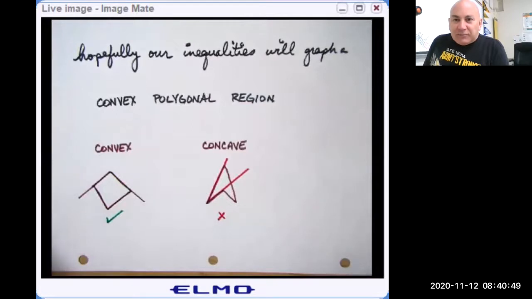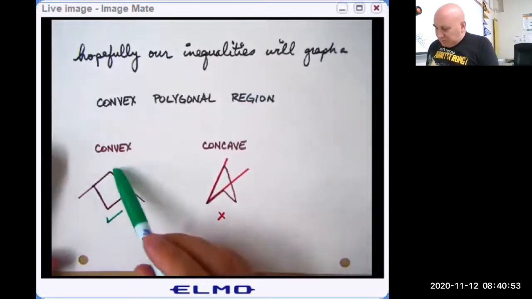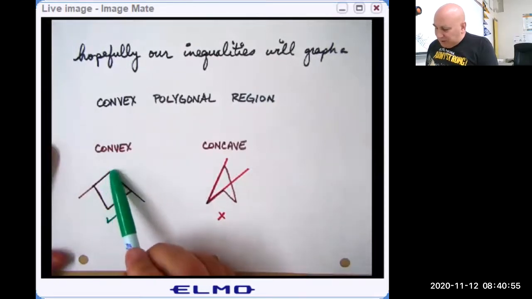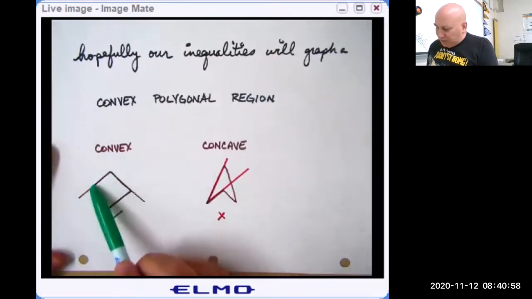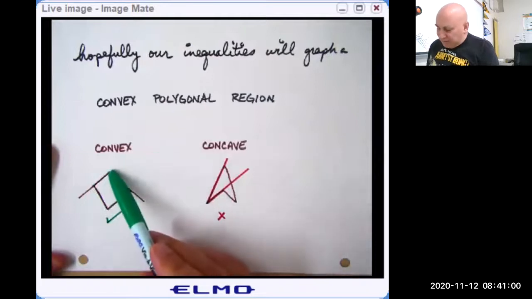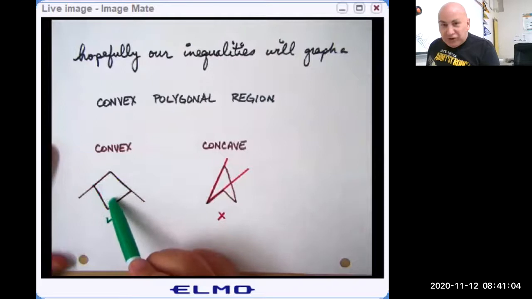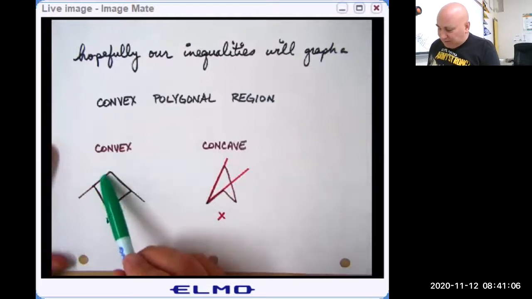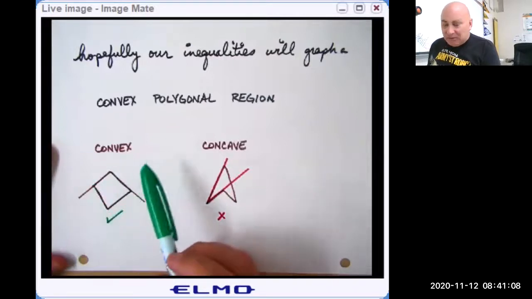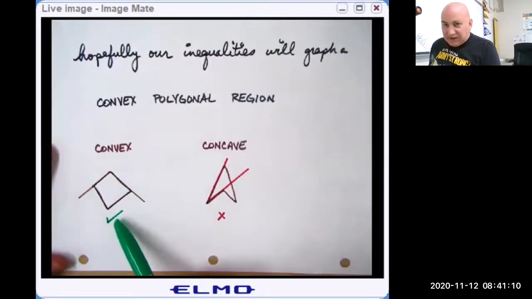It's a good description. If you take every angle of your region, like let's pick this angle, and this is my region that I'm looking at, this four-sided region. If I take every angle and extend the sides, is the entire region included in that angle? And is it included in every angle? And in this problem, yes, it is.